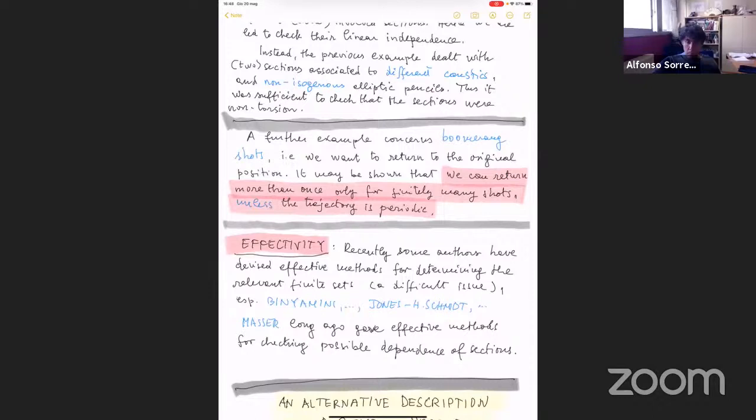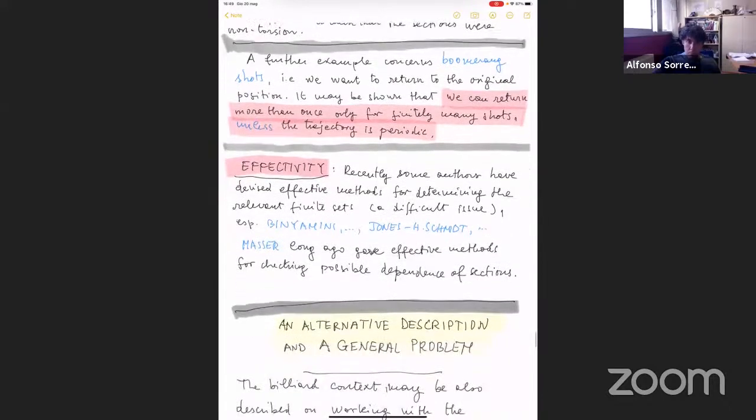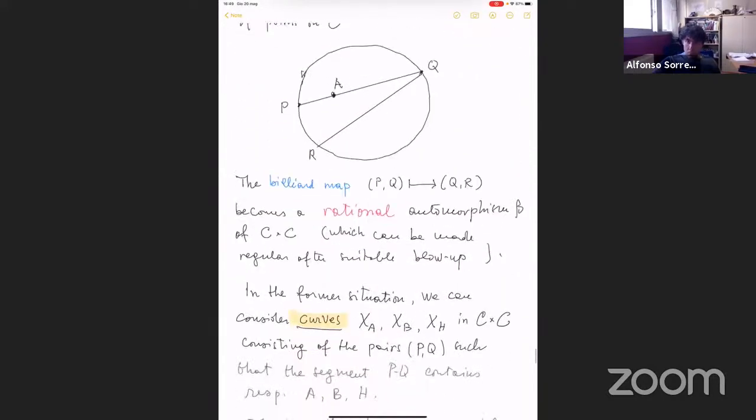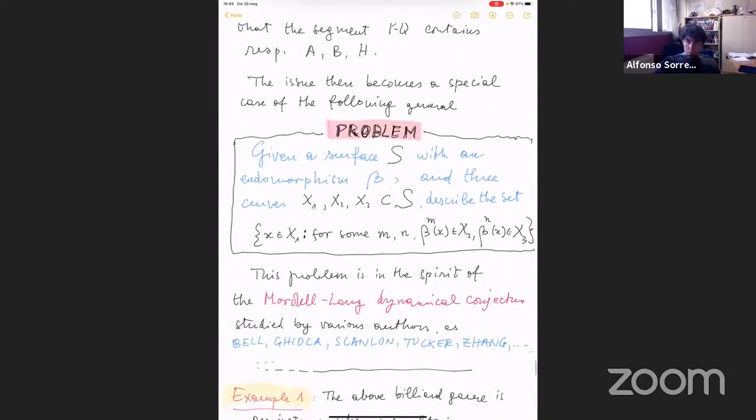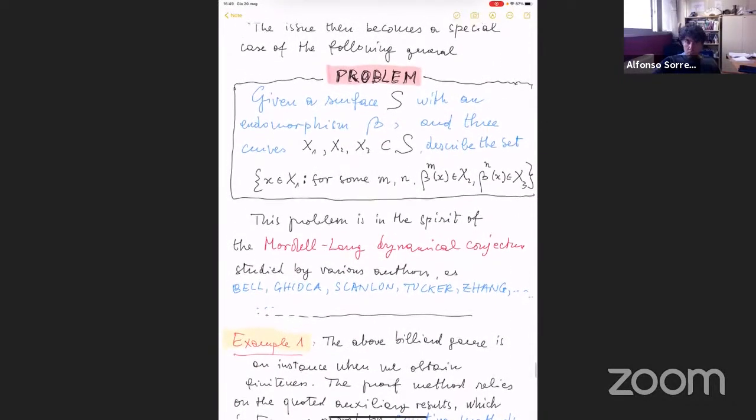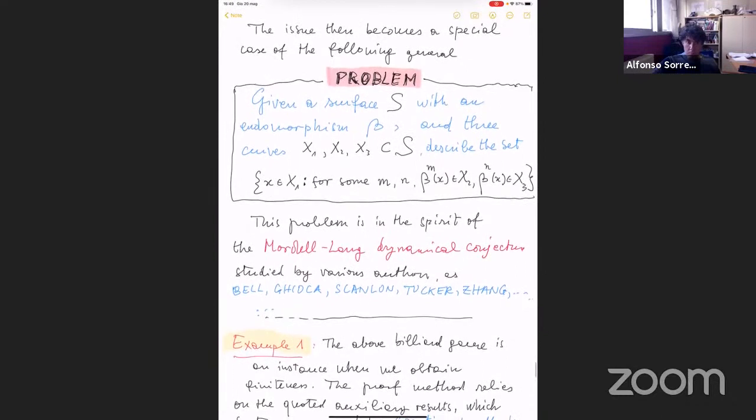I skip the further example, which concerns boomerang shots in the billiard. So we want a shot such that the ball passes again through the initial point more than once. I skip this. But I want to remark that the problem that I have discussed, especially the second problem with the hole, corresponds to this problem that I have stated in the rectangle.